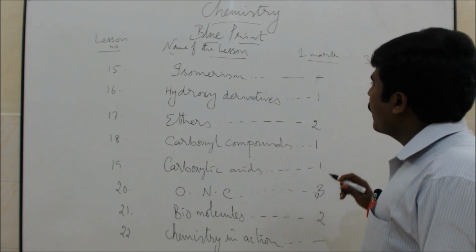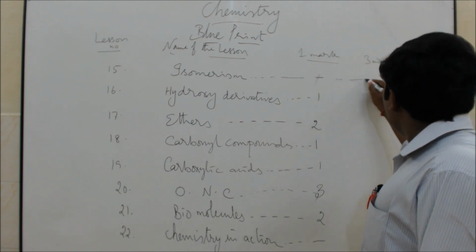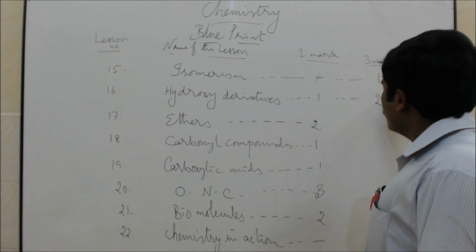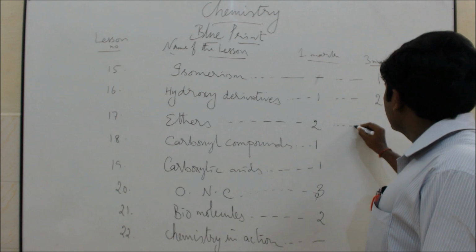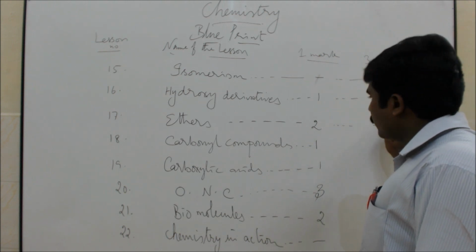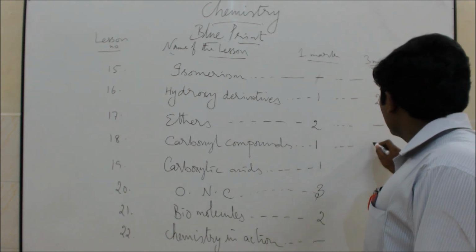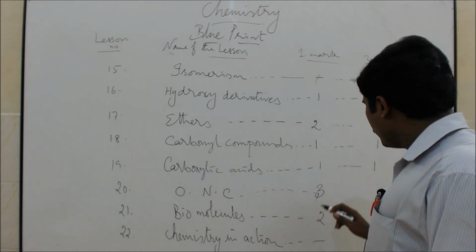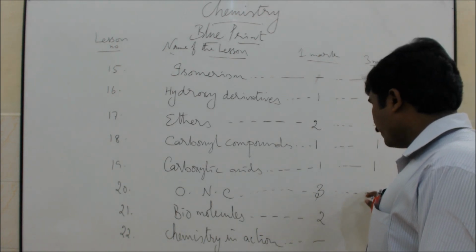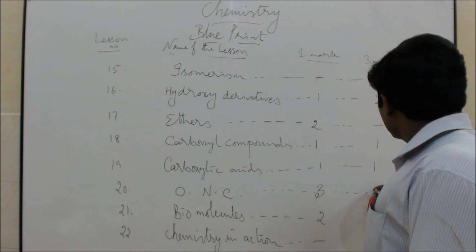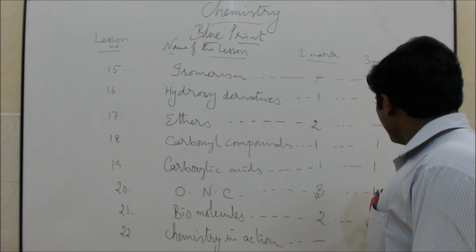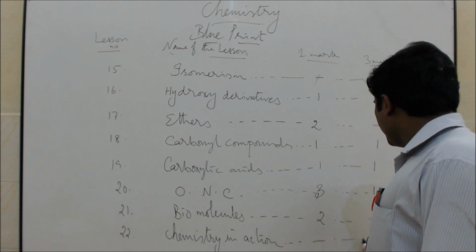In the 3 mark part: isomerism 1 three-mark, hydroxy derivatives 2 three-marks, ethers no 3 mark, carbonyl compounds 1, carboxylic acids 1, organic nitrogen compounds 1, biomolecules no 3 marks, chemistry in action 1.